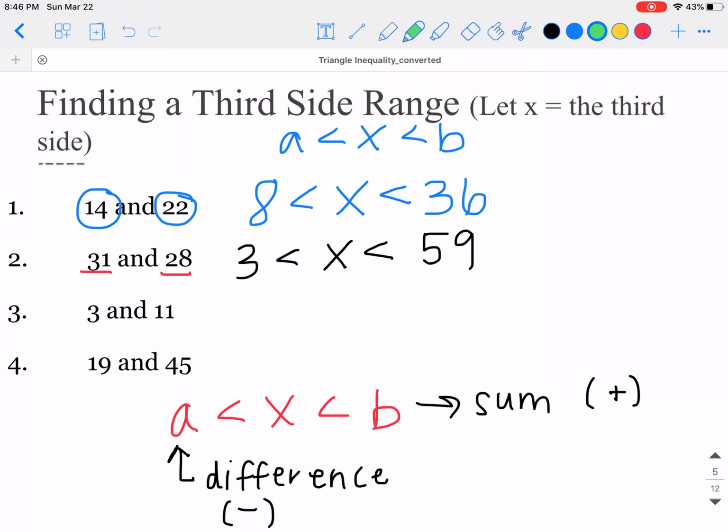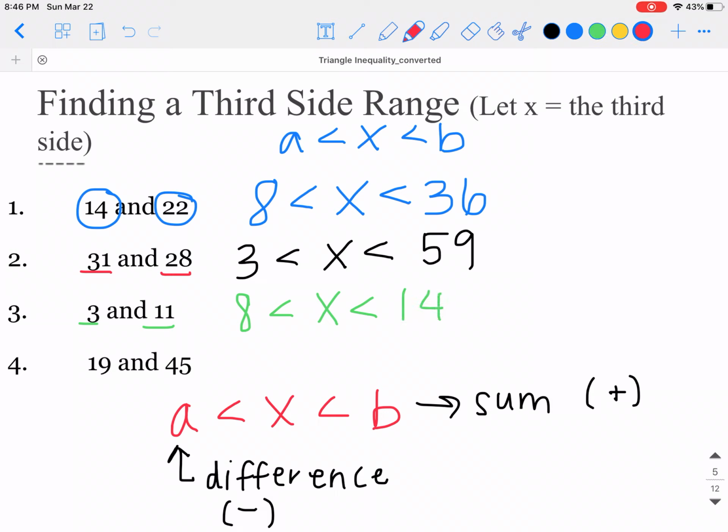For number 3, our side lengths are 3 and 11. So the number all the way to the left is the difference. 11 minus 3 is 8, is less than X, which is less than 11 plus 3, which is 14.